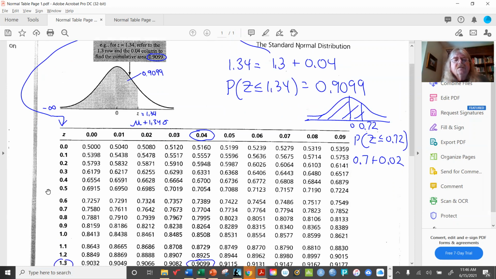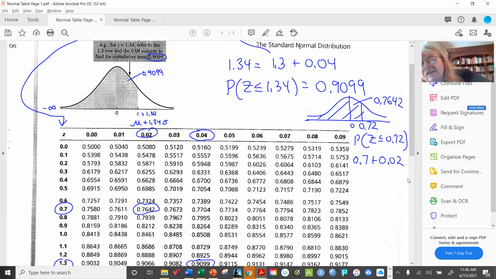So the 0.7 is right here. The 0.02 is up here, and where they overlap, here we go, 0.7642 is our probability. So that's what this table is telling us.